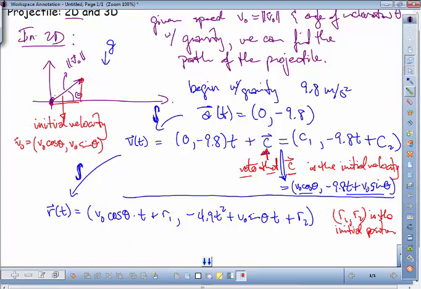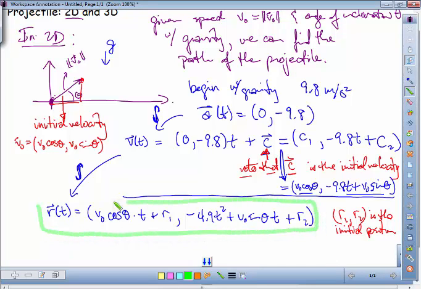And once you have this, you really know everything there is to know about the projectile. You know its highest point. You know the high point is the maximum y value, so you find when the maximum is reached. You can find the range where it lands.